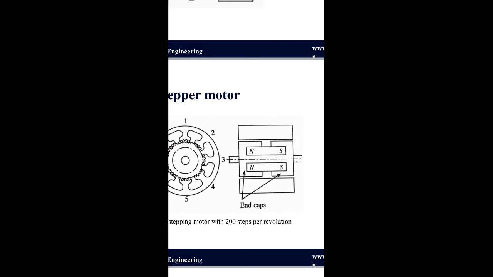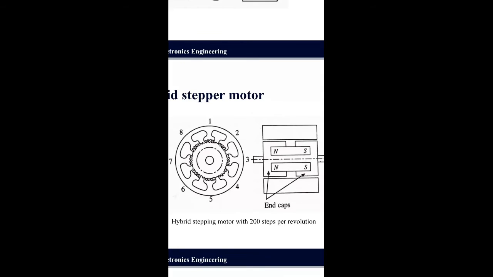The end caps are separated by a pole, that is north and south poles. The teeth on both the end caps of the rotor have the same pitch as the teeth on the stator poles. So the same teeth combination, 5 teeth, is also there on the rotor end caps.